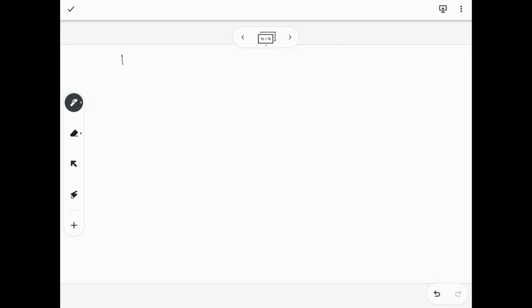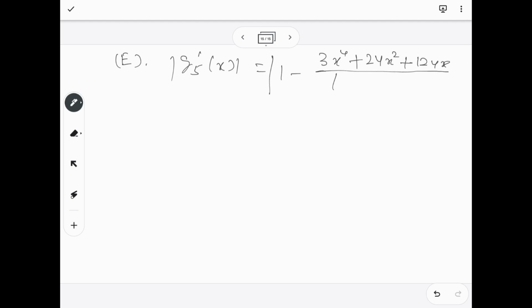And for the form E, g5 prime, the derivative is 1 minus 3 x to the power 4 plus 24x square plus 124x divided by 3x square plus 8 whole square.